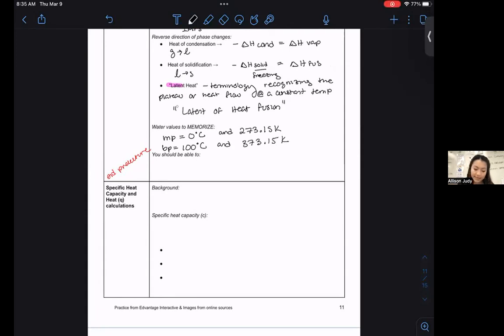And as far as a takeaway, for the AP, please be able to read, interpret, and explain phase change diagrams, and of course, phase change in general.